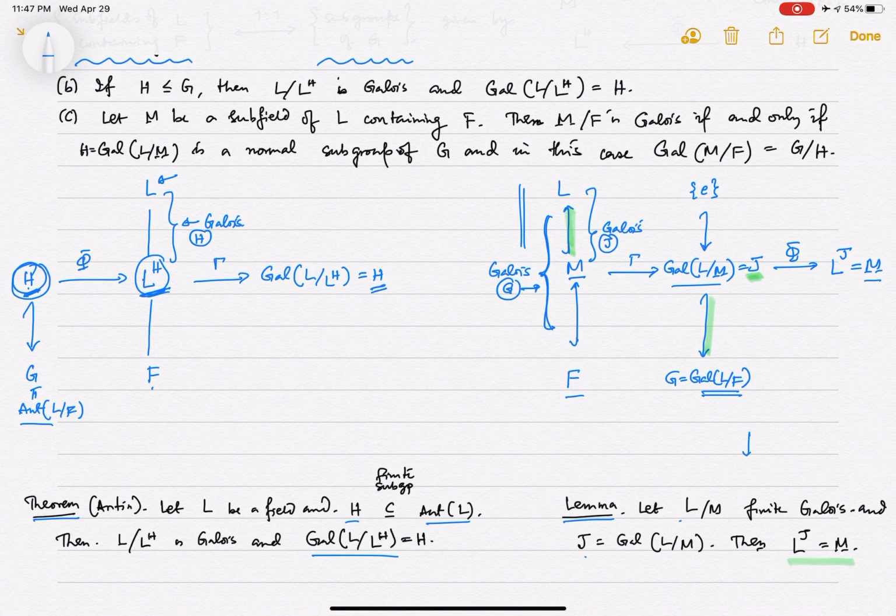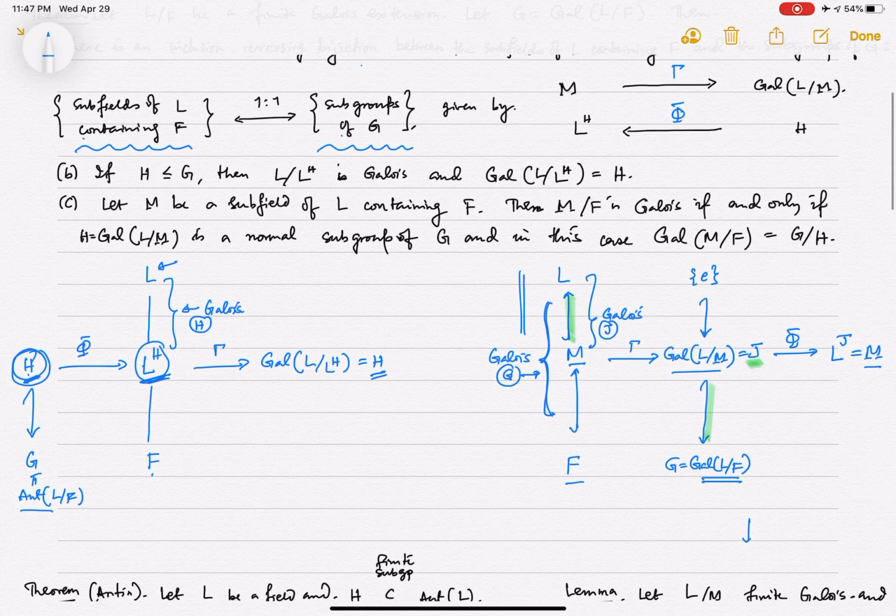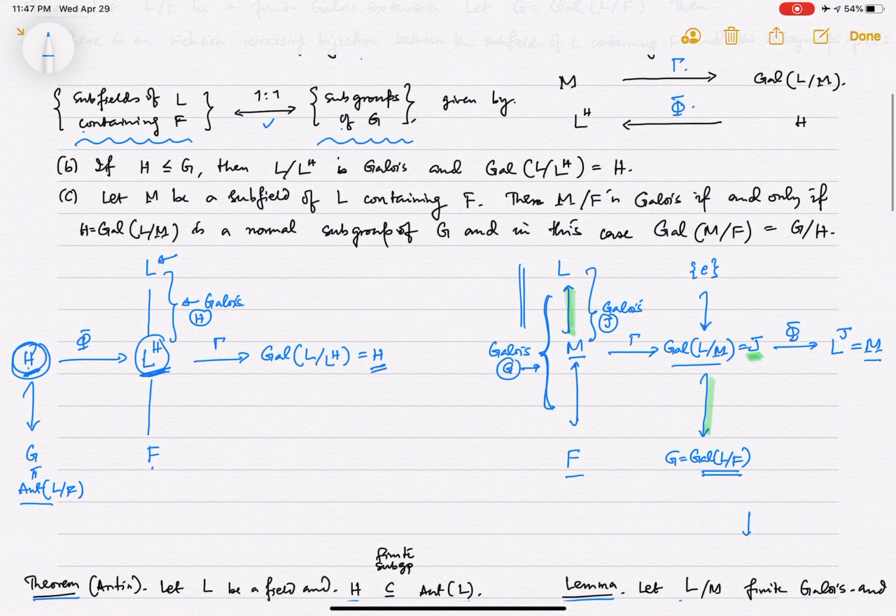That tells you now that these correspondences, gamma and phi, when you apply them back to back in either order, you get back to where you started from. So they are inverses of each other. So this sets up a one-to-one correspondence.